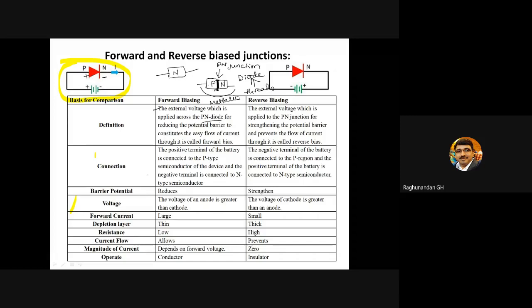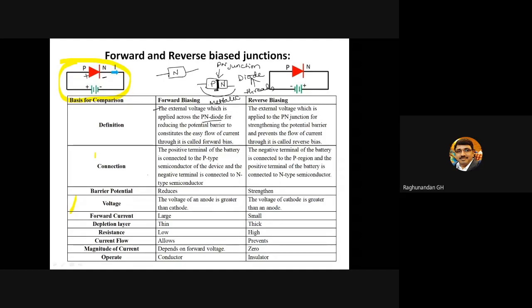Depletion layer will be very thin in forward bias condition, and it will be much thicker in reverse bias condition. Resistance will be low in forward bias condition, in terms of ohms. This is one of the viva questions that can be asked in the lab for clipper and clamper.